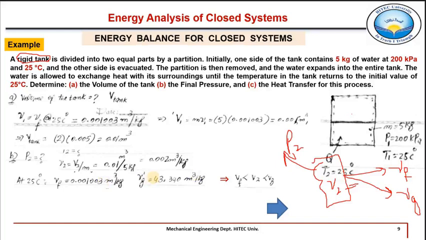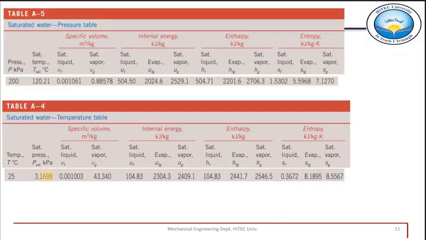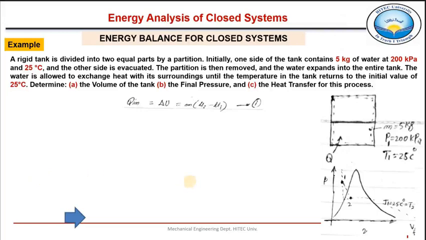So that's why it is in mixture region. So once it is in mixture region, what will be the pressure? We can read the pressure because it is at saturated condition. Mixture region simply means saturation, so for mixture region, corresponding to this temperature, this is the saturation pressure.